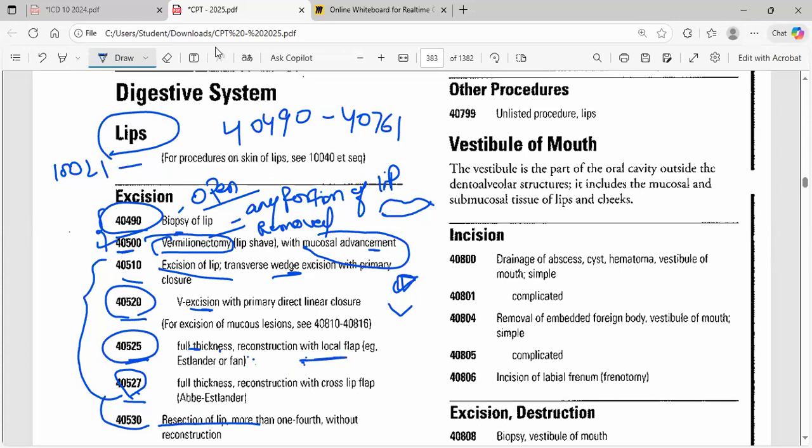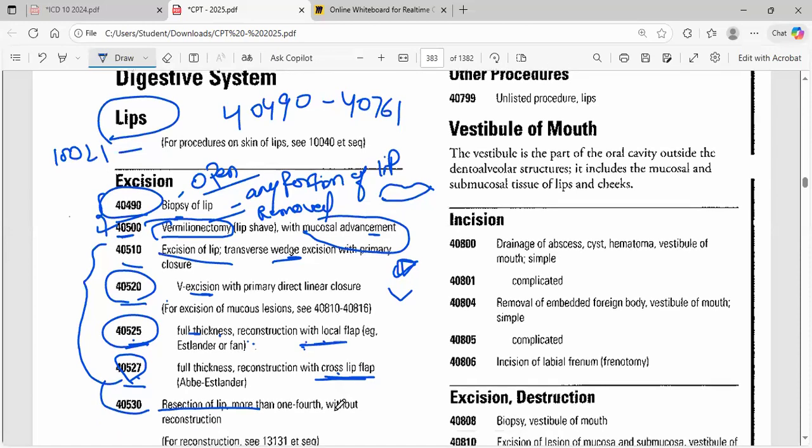So if it is a local flap, 40525. If it is a cross lip flap, flap means another tissue has been used to close that excision or incision. Based on the flap, we are going to use a specific code from these codes. So if it is local, 40525, cross lip, 40527.